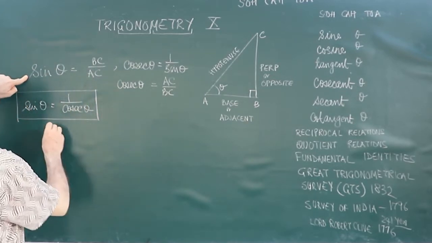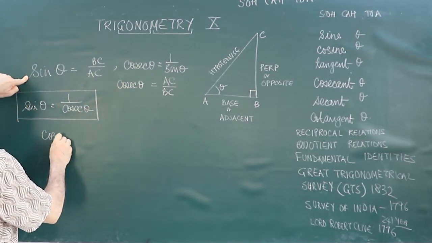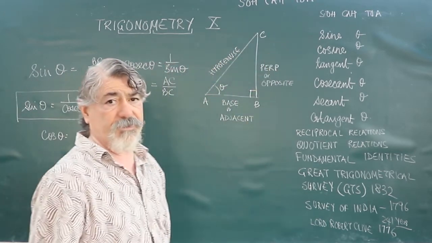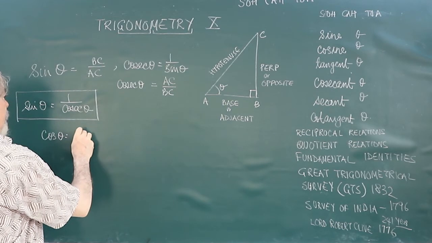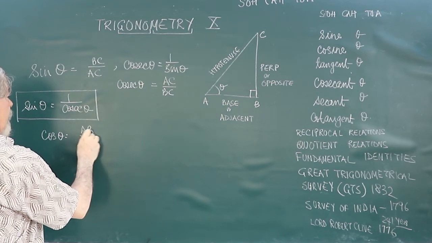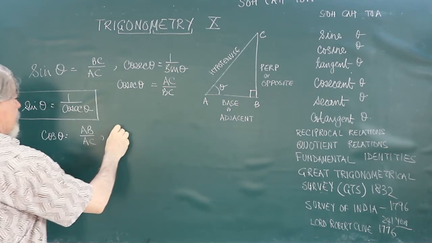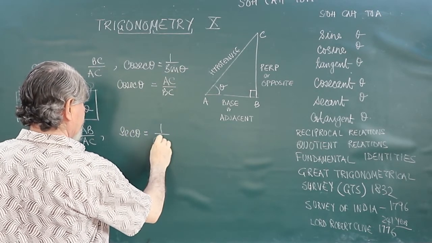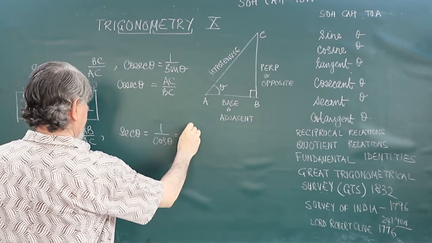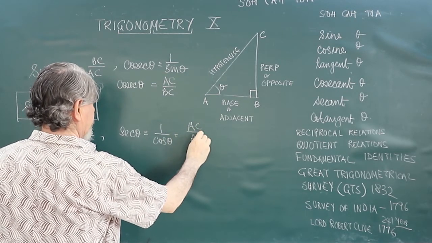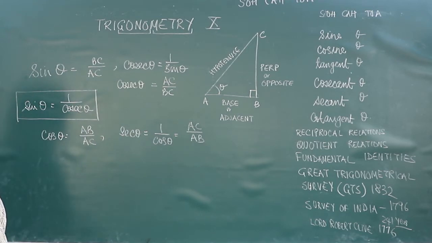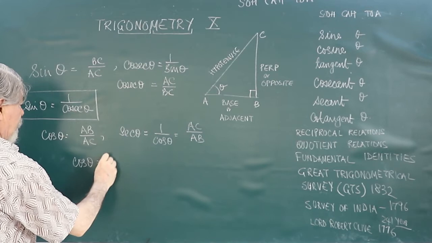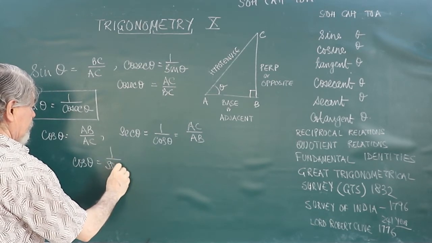Now let us see cos theta. Cos theta is adjacent upon hypotenuse, base upon hypotenuse. That is AB upon AC. And sec theta is just the opposite, 1 upon cos theta. So it will become AC upon AB. So this is another reciprocal relation, that is cos theta is 1 upon sec theta.